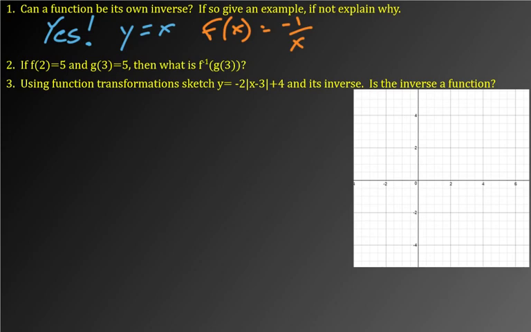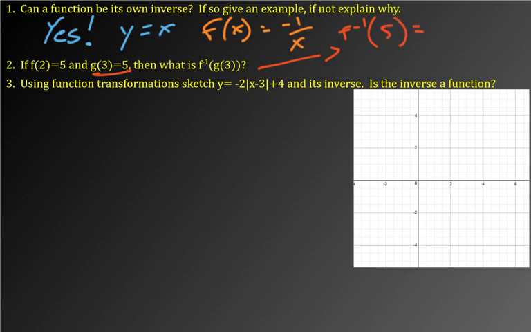This next question just says, if f of 2 is 5 and g of 3 is 5, then what is f inverse of g of 3? Okay, so the way I would just do this, g of 3, right by this, is 5.